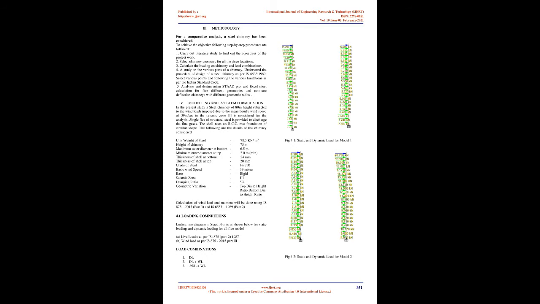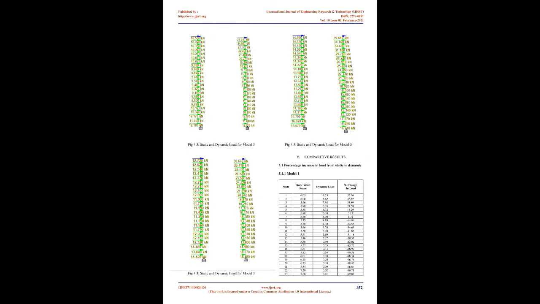A total of 8 models with different slopes are generated and analyzed. The deflections and stresses at various levels are determined and the best slope combination that provides least deflection is determined. G. Murali, B. Mohan, P. Sitara, P. Jayashri, 2012, Response of mild steel chimney under wind loads.